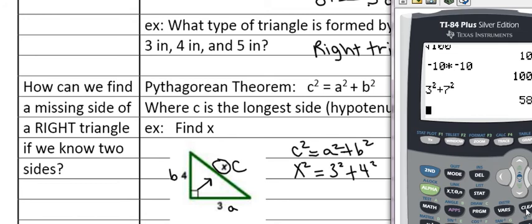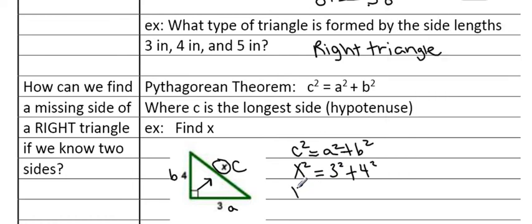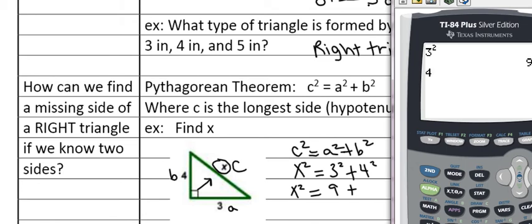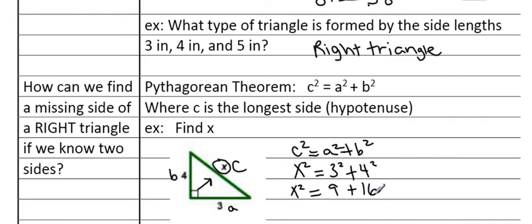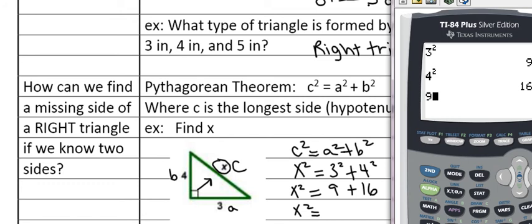Now if you can't do 3 squared in your head, 3 times 3, you can use your calculator, and that's 9. So we have x squared equals 9 plus 4 times 4, which is 16. 4 squared is 16. So that leaves us with x squared equals 9 plus 16, and 9 plus 16 is 25.